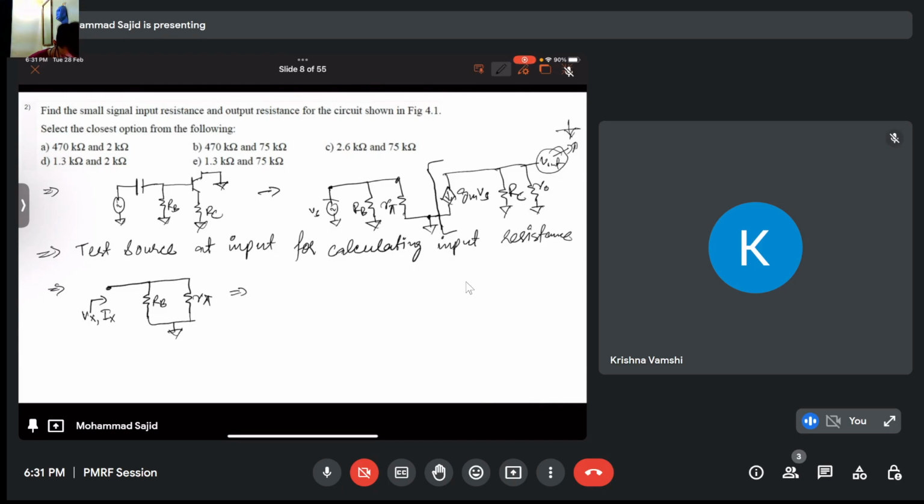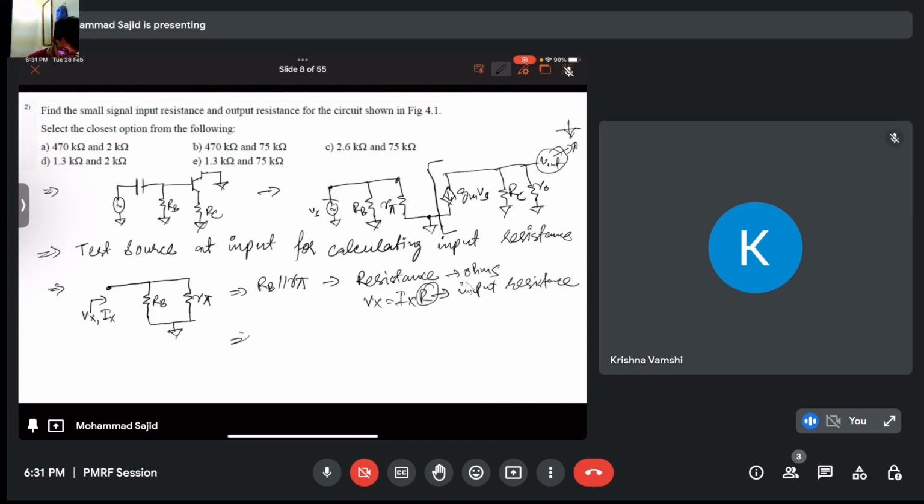This is a parallel combination, Rb parallel R pi. So my resistance will be calculated using Ohm's law again, right? I have to find just this equation, Vx is equal to Ix R, and my R here is input resistance.